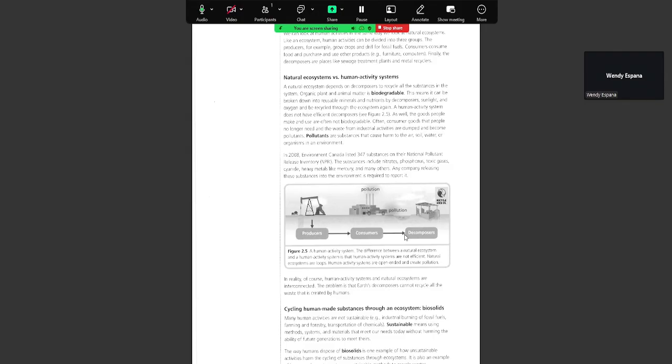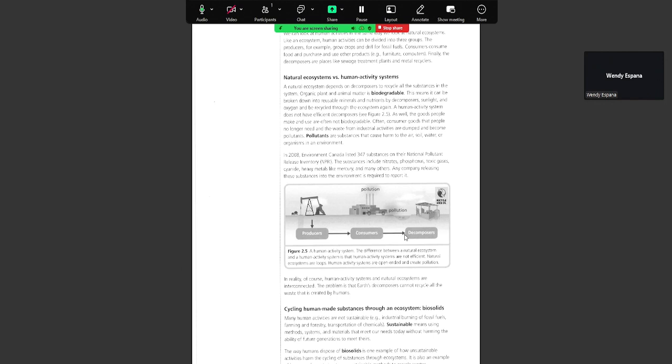Okay. We can look at human activities in the same way we look at natural ecosystems. So we could look at human activities divided into three groups. So there's, first of all, natural ecosystems and human activity systems.